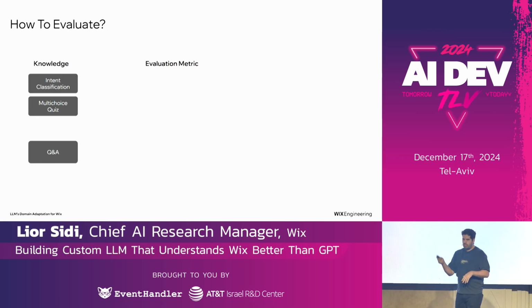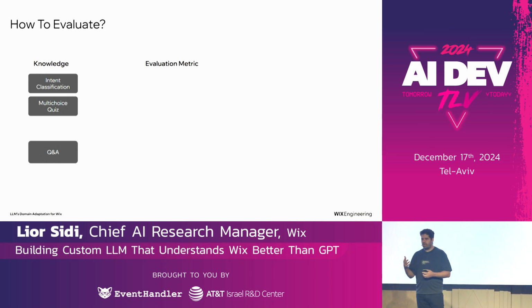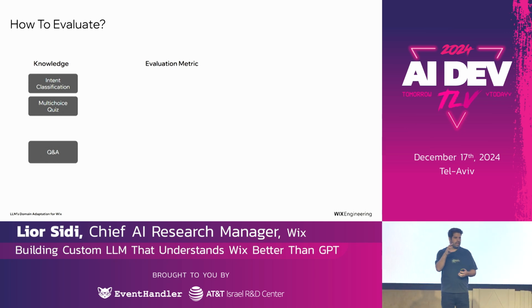And just two other examples of benchmarks that we used from our internal use cases at Wix. One was intent classification. It's a data set or a model that takes the user intent in free text that is handed to us in the chat or in the customer care chat, and we have labeled data with the intent. So this is another classification task.